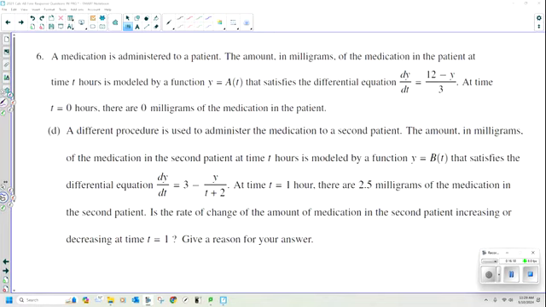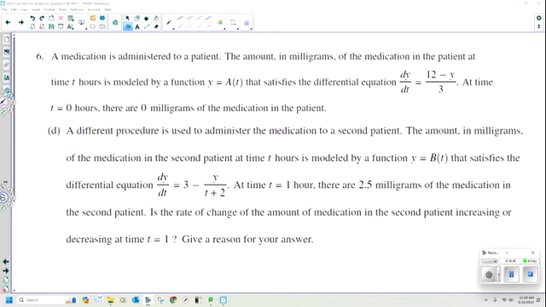At time t equals 1 hour, there are 2.5 milligrams of the medication in the second patient. Is the rate of change of the amount of medication in the second patient increasing or decreasing at time t equals 1? Give a reason for your answer.